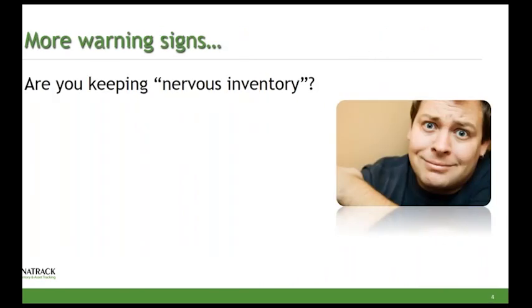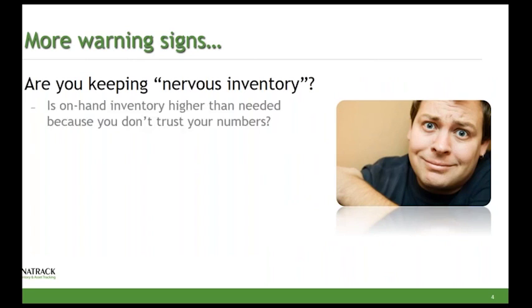Here's another warning sign. Are you keeping what we like to call nervous inventory? By nervous inventory, we mean, is your on-hand inventory higher than you really need because you don't trust your numbers? In other words, do you have a set of inventory set aside because you know there's a delay between when somebody enters it on a piece of paper, when that piece of paper finds its way to the office, and to where the data entry person is finally punching that in?